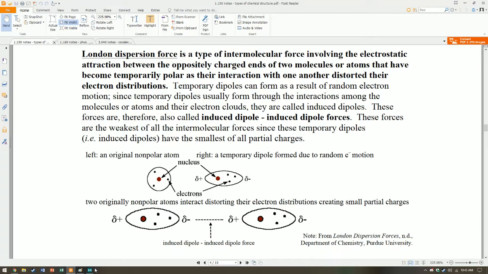Regardless, this is a result of electrons naturally moving around randomly. Maybe in one instant in time, you'll get a distribution that causes the electrons to favor one side of the molecule compared to the other side, and this instantaneously created dipole will have an effect on the electron distribution in another atom, and then the next atom, and this builds up, and they have very slight positive and negative charges that interact with each other.